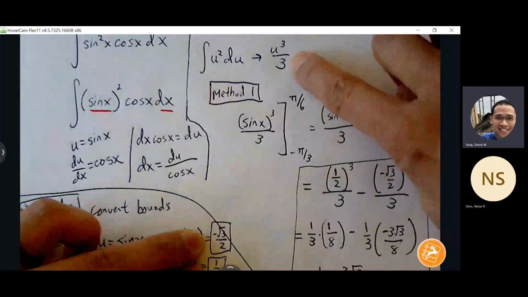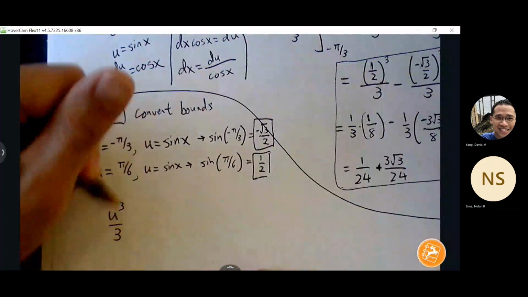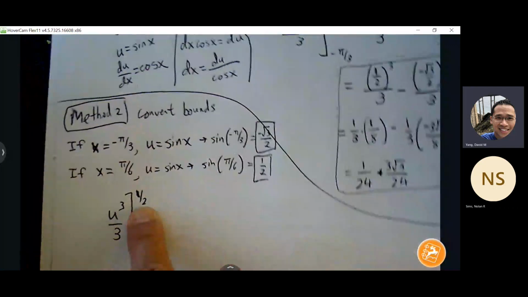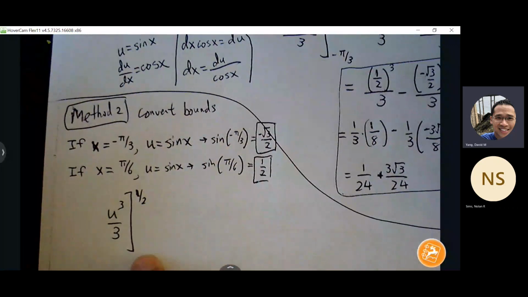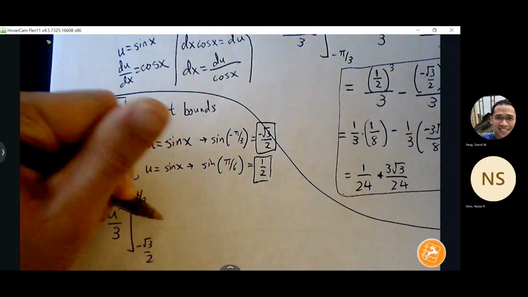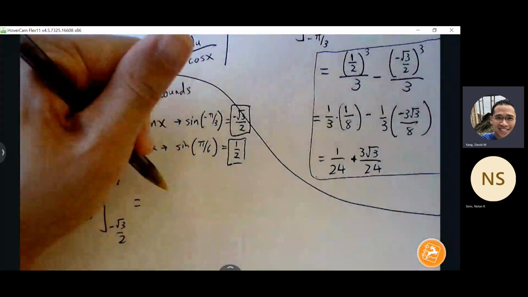So now these compare nicely with this u cubed over 3. New upper bound, pi over 6 becomes 1/2. New lower bound, negative pi over 3 becomes negative root 3 over 2. So insert 1/2 in for u.